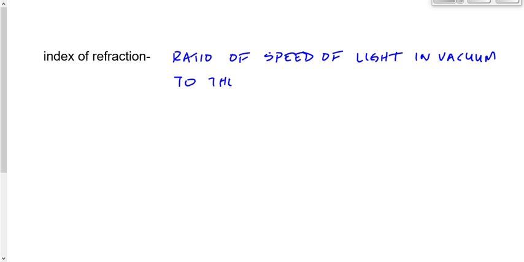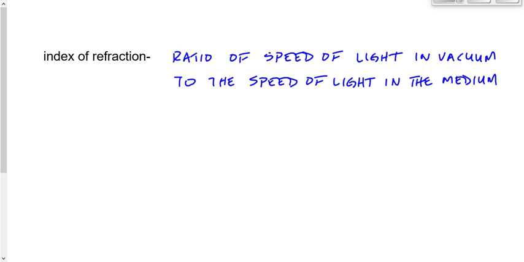The ratio of the speed of light in a vacuum, which of course is just 3 times 10 to the 8 meters per second, to the speed of light in the medium.